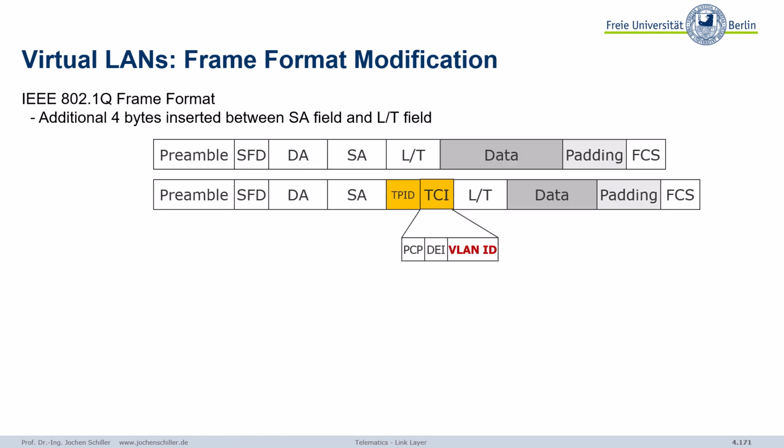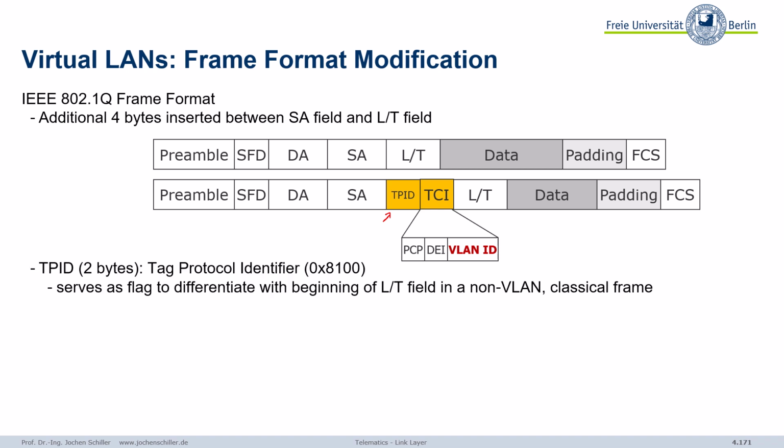So how does it look? The frame format now says, okay, we use a certain identifier here that tells us, oh, this is now not the classical length type field. So we have a protocol identifier.